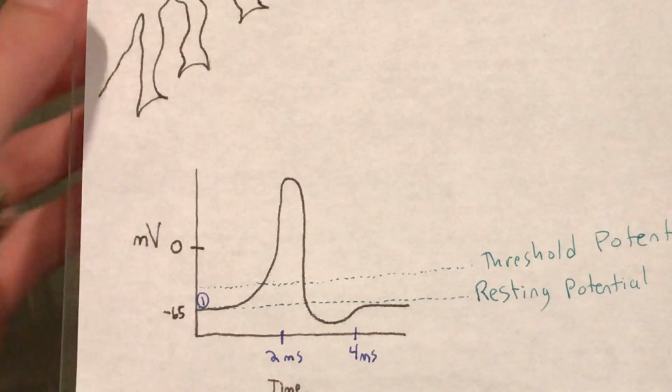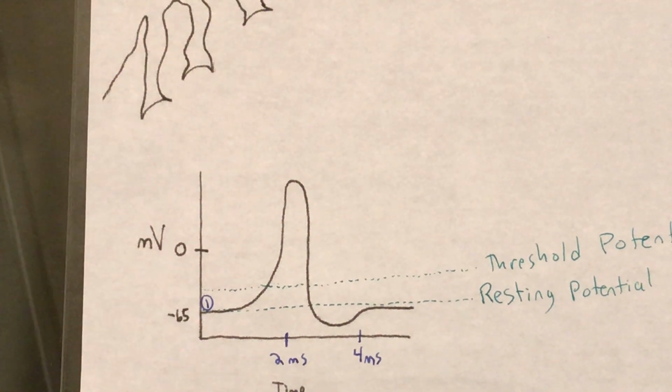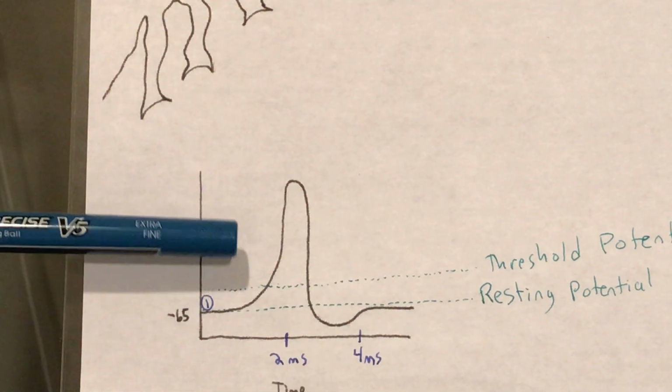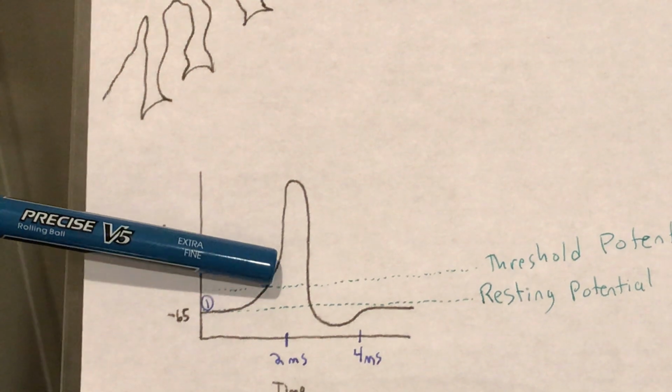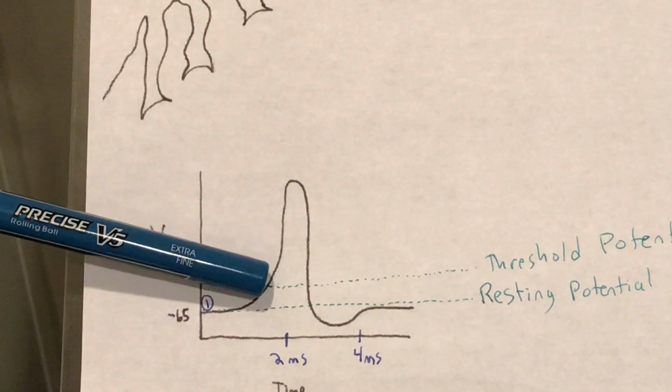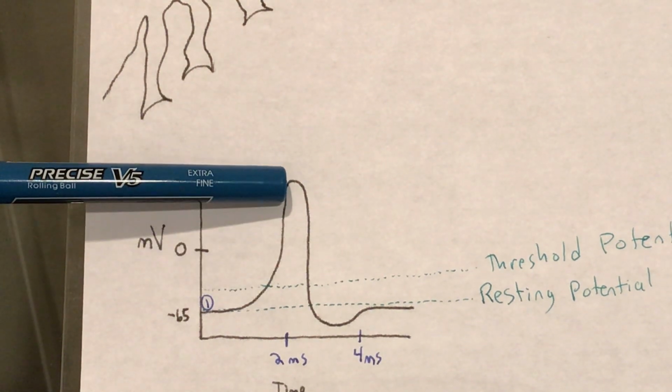In step 2, however, we had the activation of voltage-gated sodium channels, and that created a huge influx of more positive ions into the axon hillock. And so that huge influx of positive ions is pretty much represented by this increase from the threshold potential onward.